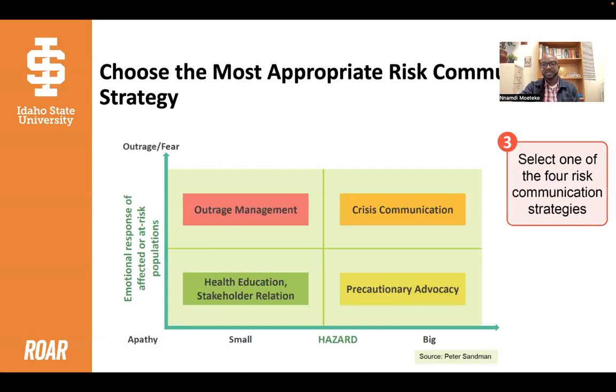There are 4 strategies for risk communication, depending on the assessed level of threat and how large or small the threat is, and where in the spectrum between apathy and outrage the population tends to fall as regards their perception of that threat. Based on these locations, we can have 4 strategies, including outreach management, crisis communication, health education and stakeholder relation, and precautionary advocacy.